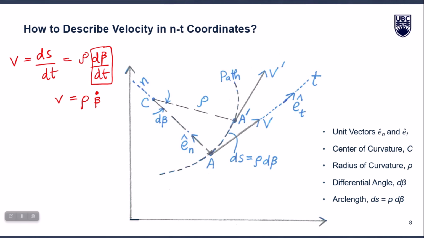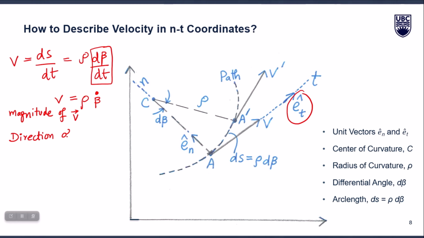So while I can say that the magnitude of velocity is rho times beta dot, the direction of velocity is always along the unit vector E sub t. This is the magnitude of the v vector, but what about the direction of the v vector? The direction of the v vector will be given by this unit vector E sub t.